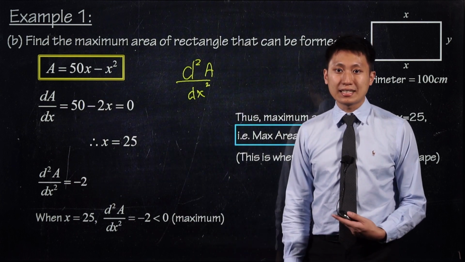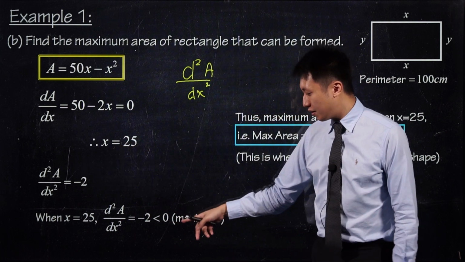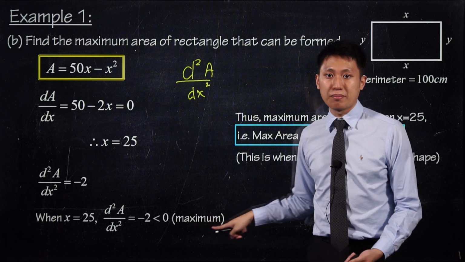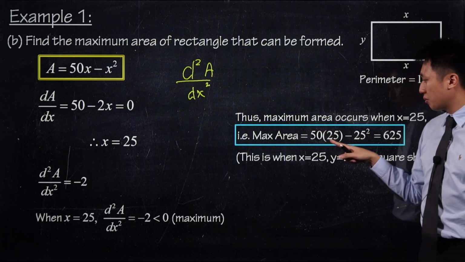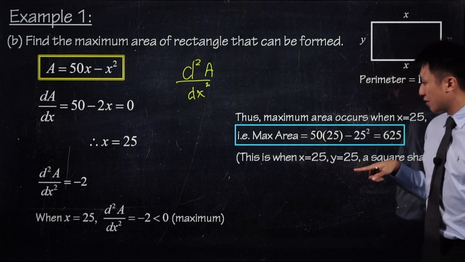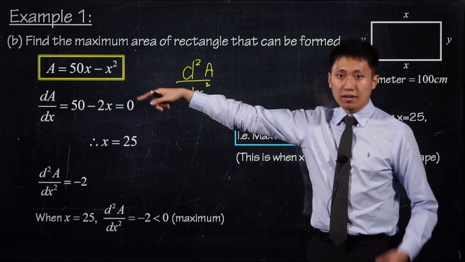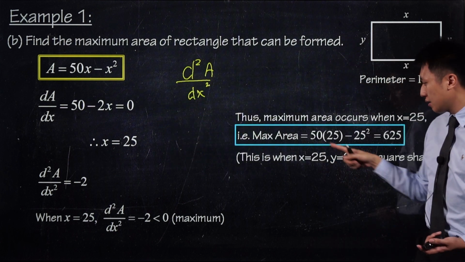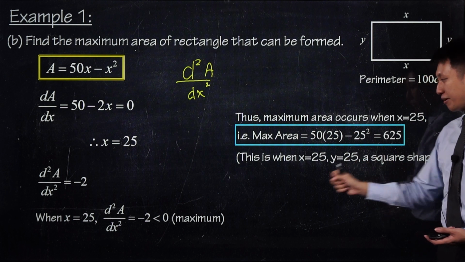Negative 2 is always less than 0, no matter what value you substitute in, so it's always negative, so it's a maximum. Hence the maximum area occurs when x is 25. You substitute 25 into the area formula, and you get 625. That's what happened here.